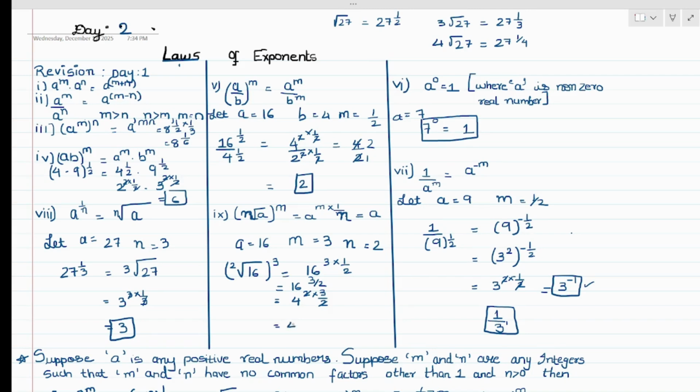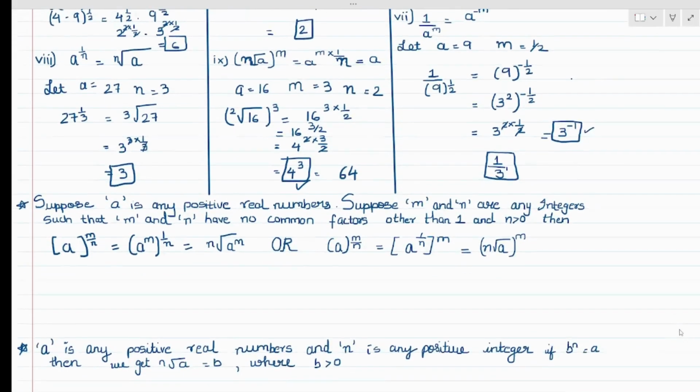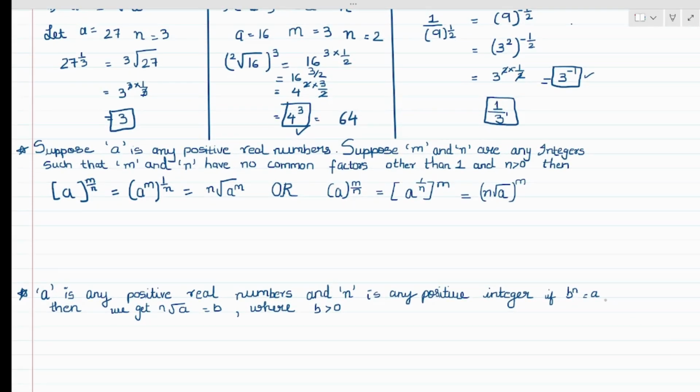So I will get my answer as 4 raised to 3, which can be further solved as 4 fours are 16 and 16 fours are 64. So you will get your final answer as 64, or in power format, 4 raised to 3.